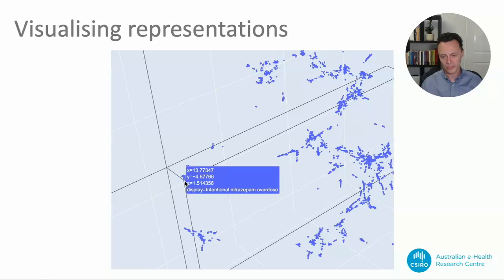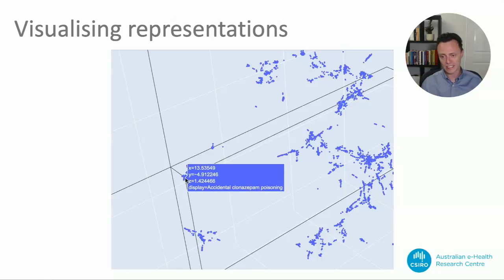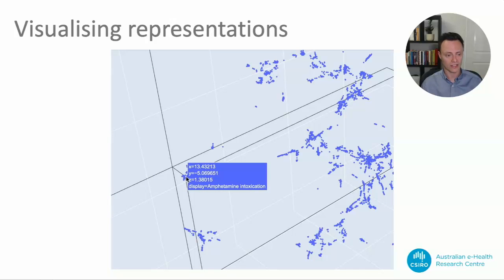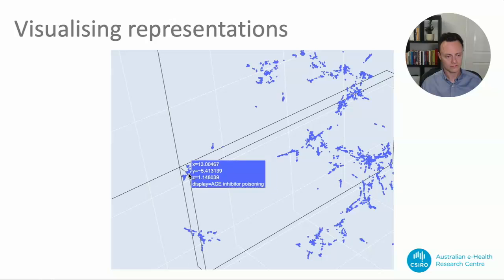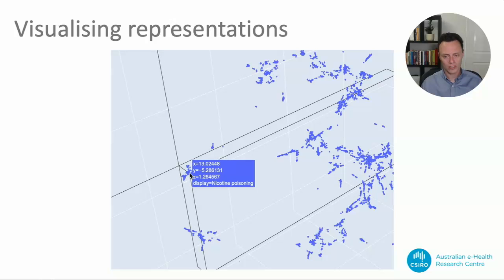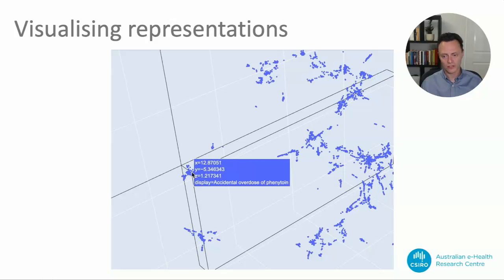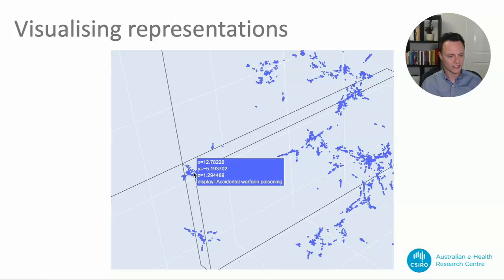We can zoom in and explore our representations to ensure that we are getting the correct groupings. Here we have identified a group of concepts that are all types of drug toxicity.